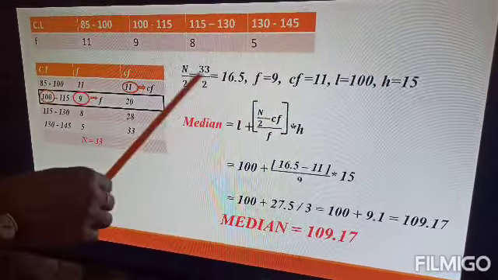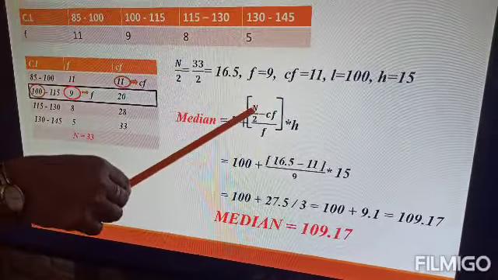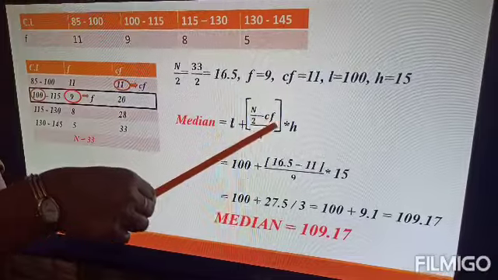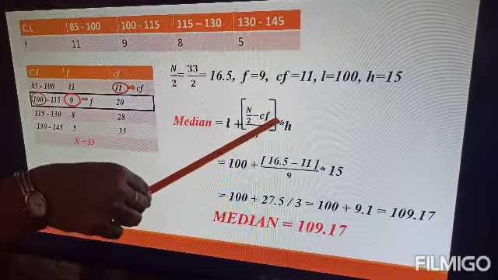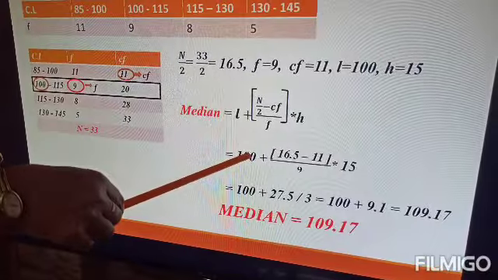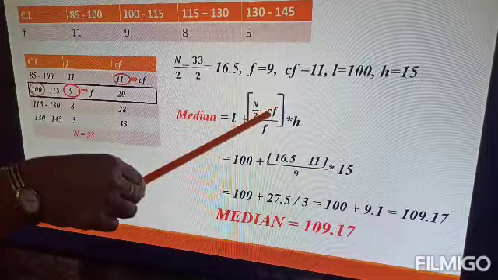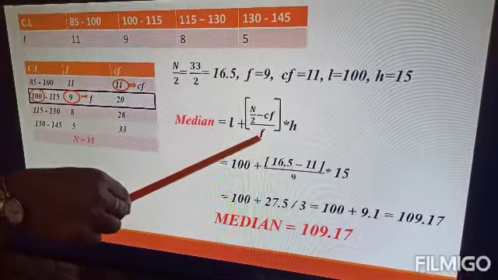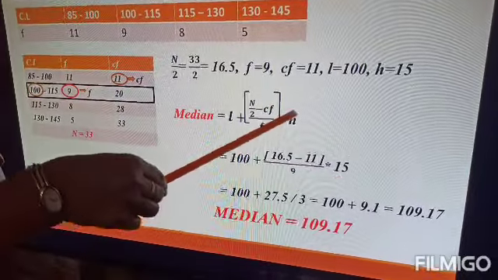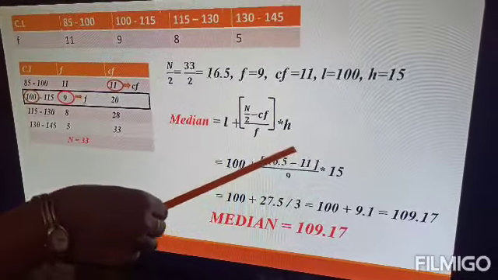Now I write the formula and replace all the values: L plus, in bracket, N by 2 minus CF, divided by F, into H. L is replaced by 100, N by 2 is 16.5, CF is 11 and F is 9, into H which is 15.